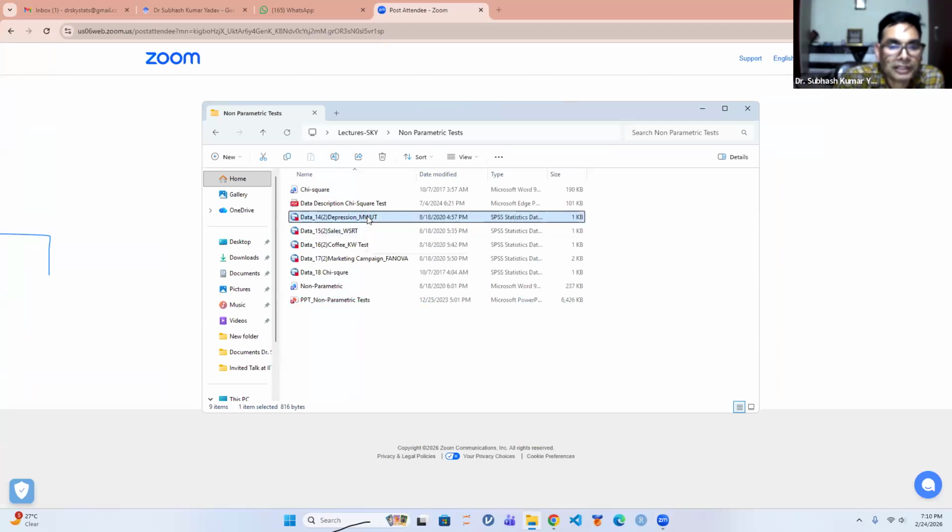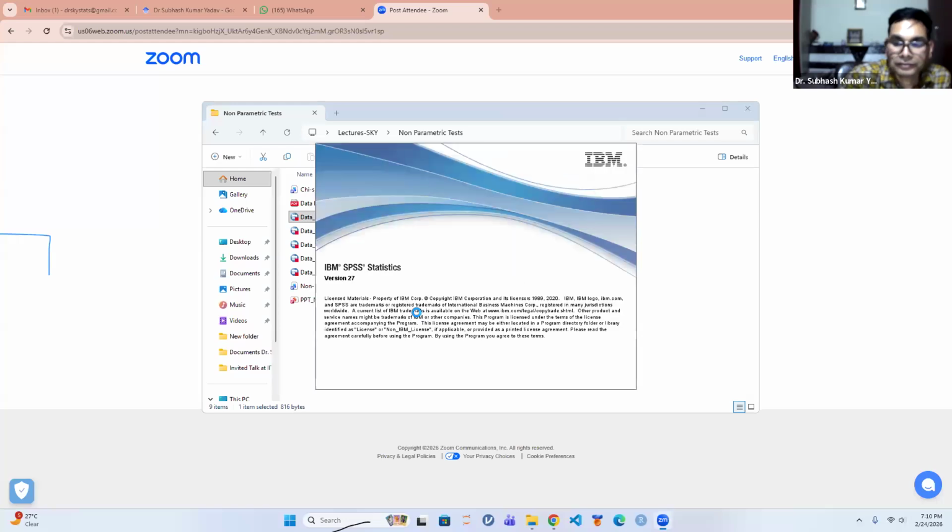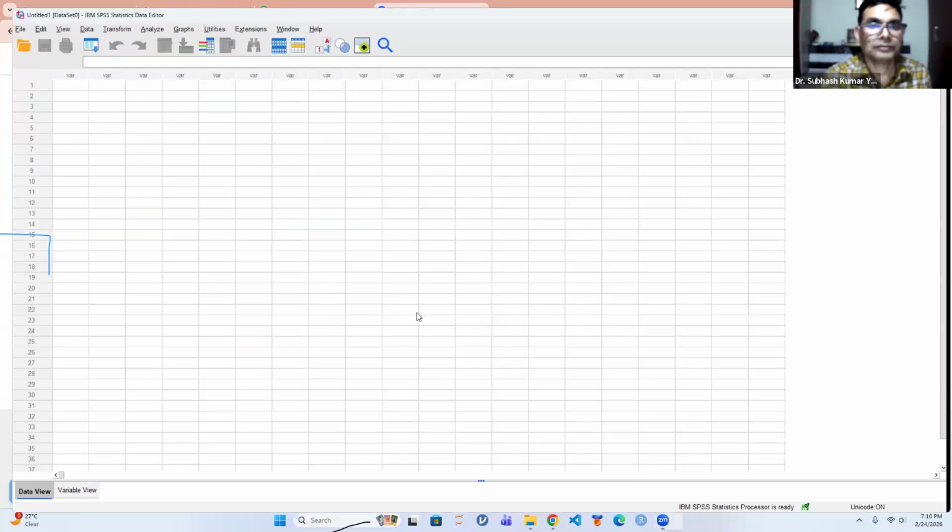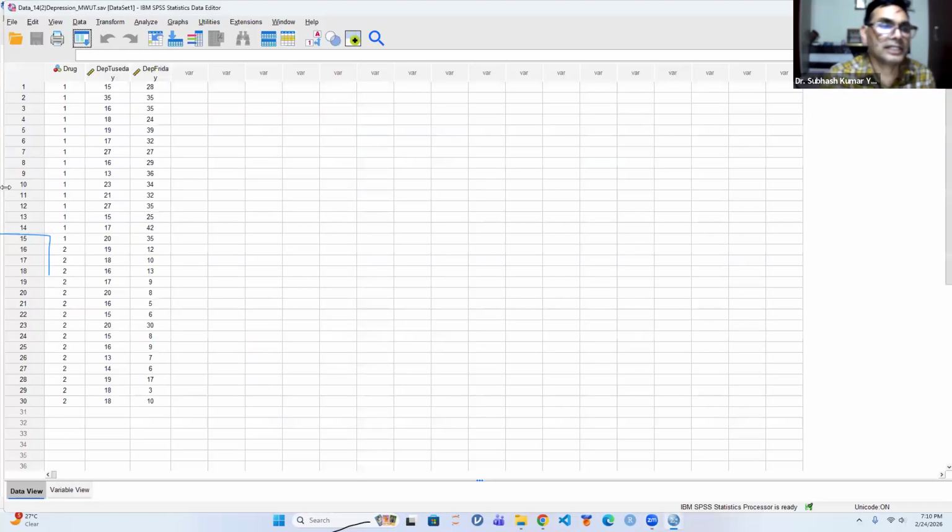It means we are interested in comparing the two group medians. Okay, so data is here.